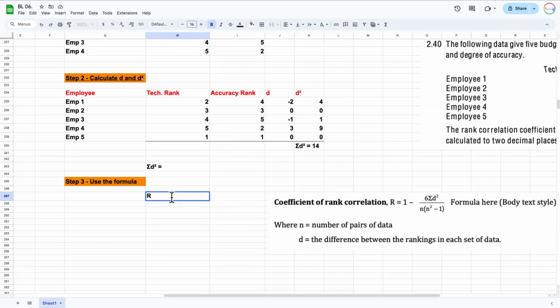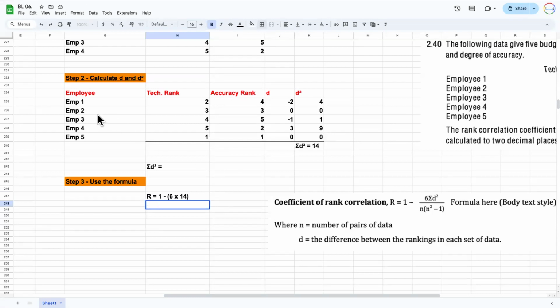Now 1 minus, as we did, 1 minus 6 into, we can put a bracket here. So 6 into sigma D squared, which is 14. Then we have to divide this by n.